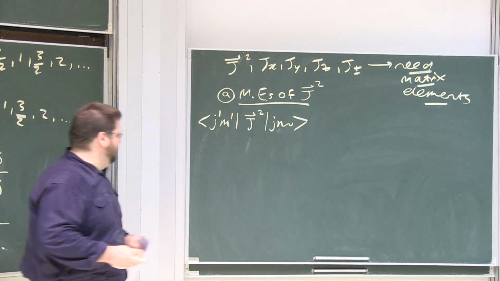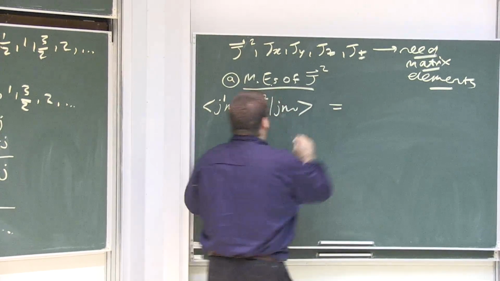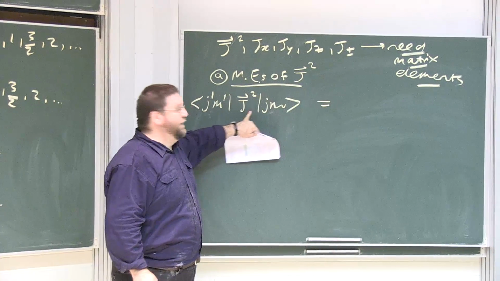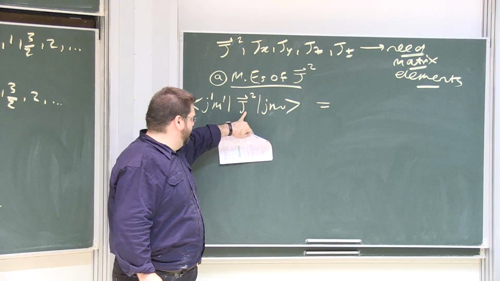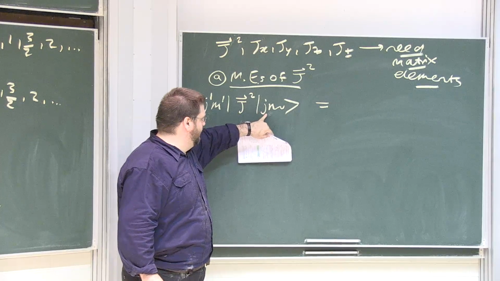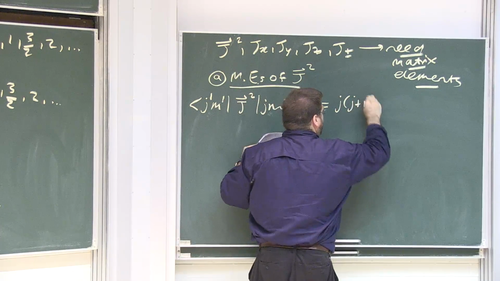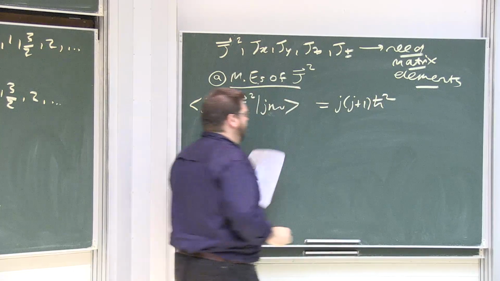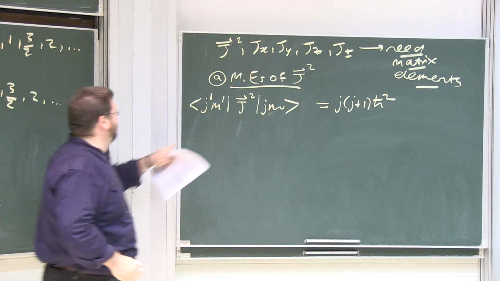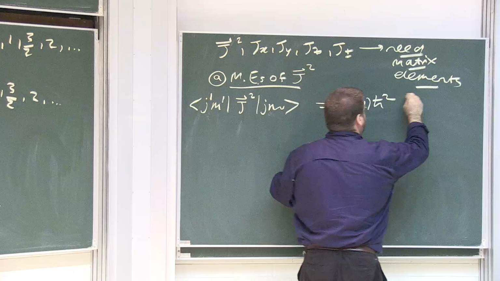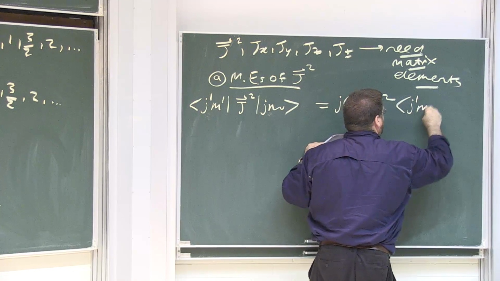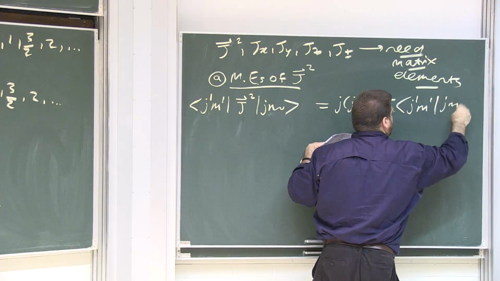We need to calculate this thing. Now, this is an eigenfunction of this. J squared is just going to spit out the number j(j+1)ħ squared, which can come out the front of the resulting bracket. What you're left with will be j prime m prime and jm.